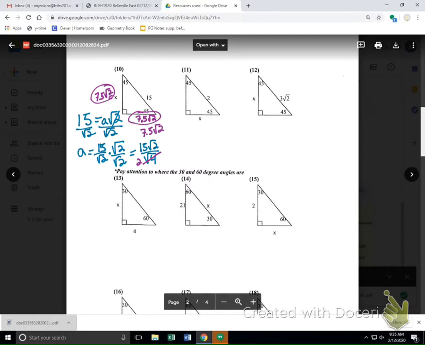Our next one up, we have 2. As you've gone through this, I wanted to know if you guys saw a trend. So 45, 45, 90s, if you have a leg, whatever your leg was, you attach a square root of 2, that's how you get the hypotenuse. But if your whole number is your hypotenuse, what do we notice the connection is between the leg? So here, it's going to be that 7.5.